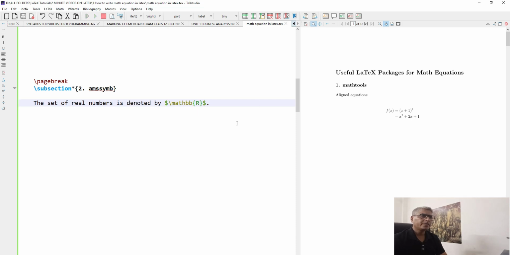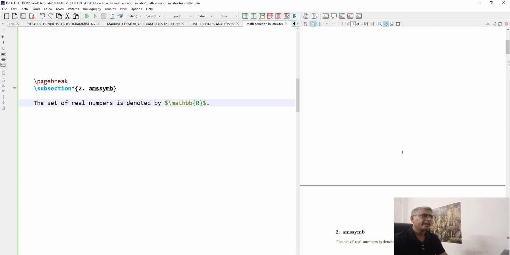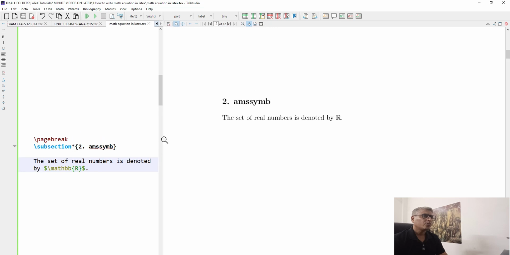So let's understand how this package is going to help us in writing these symbols like real numbers. See, the set of real numbers is denoted by R here. We can see how beautifully the R is written in the form of the real number symbol. So this is the advantage of this particular package.